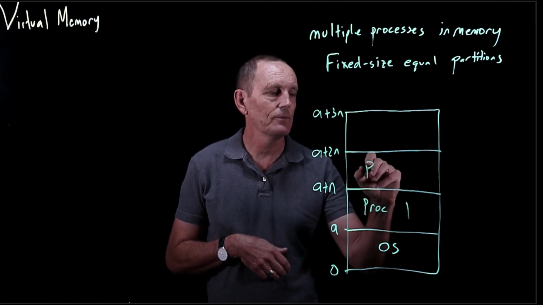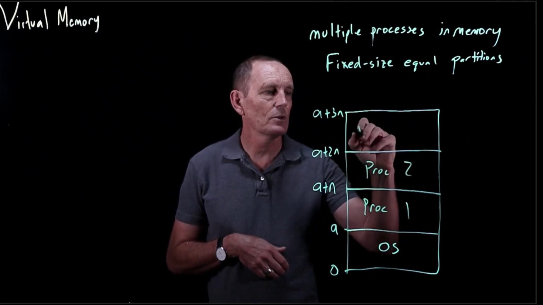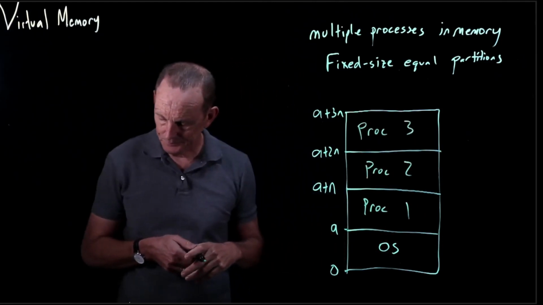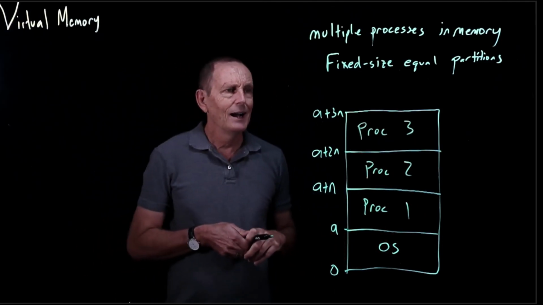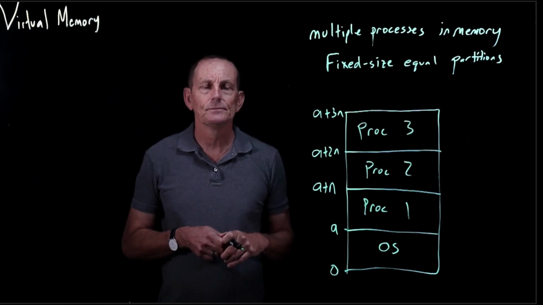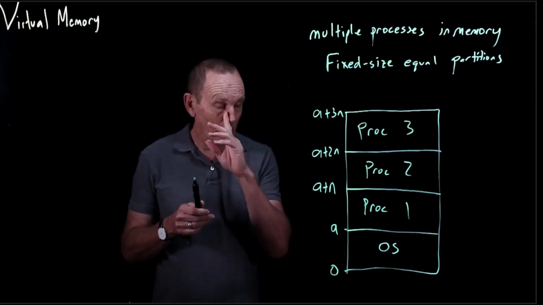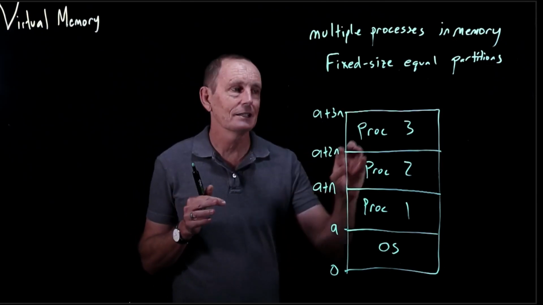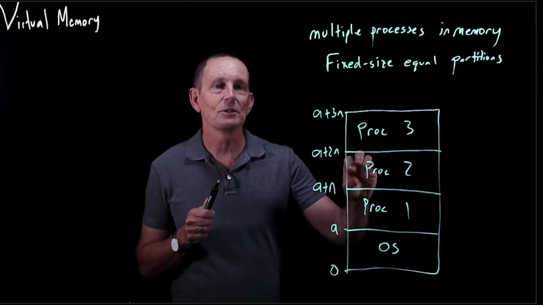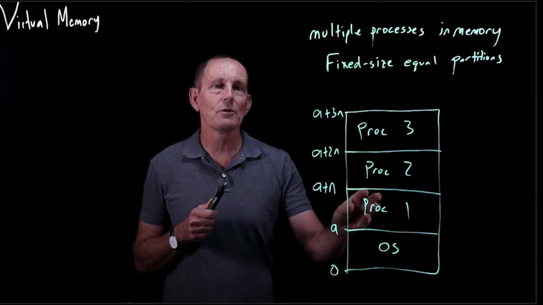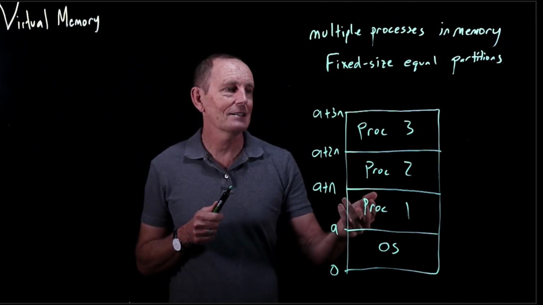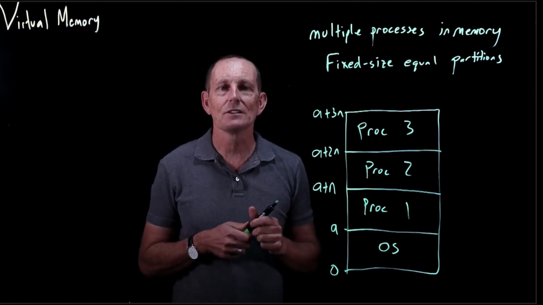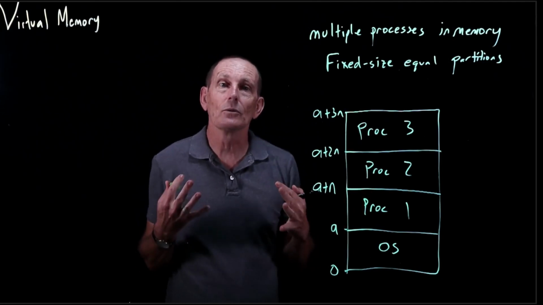So process 1, process 2, and process 3. How well does this work? Well, so far we still have a problem in that we don't have isolation in address spaces between these processes. So if process 1 runs and accidentally accesses an address up here and writes to it, it's going to write inside process 3's memory.